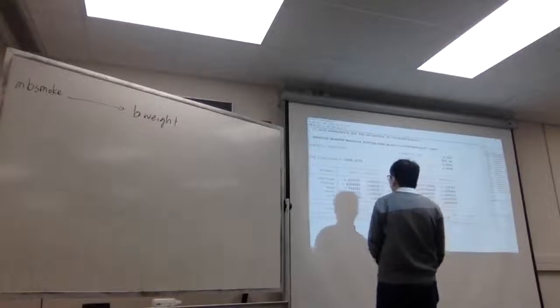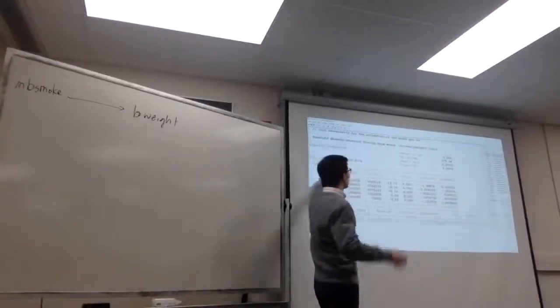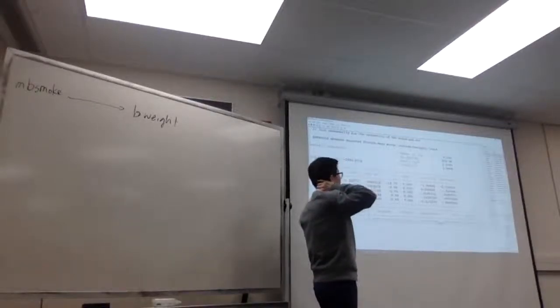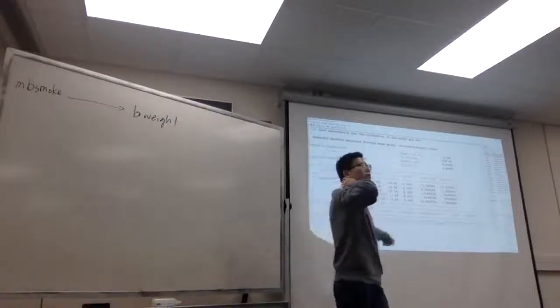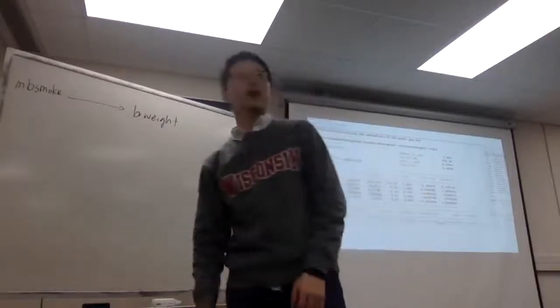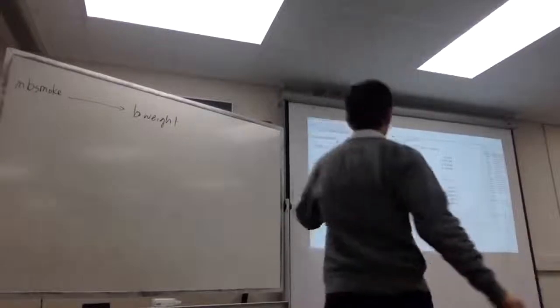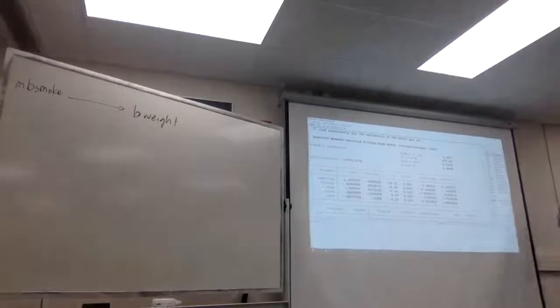So the first table is the logistic regression results. This is basically predicting what kind of variables would be relevant in the propensity to engage in prenatal smoking. This table is not super important as long as we have propensity scores.